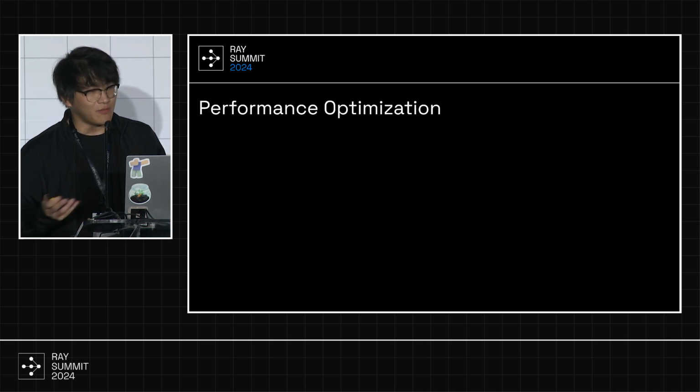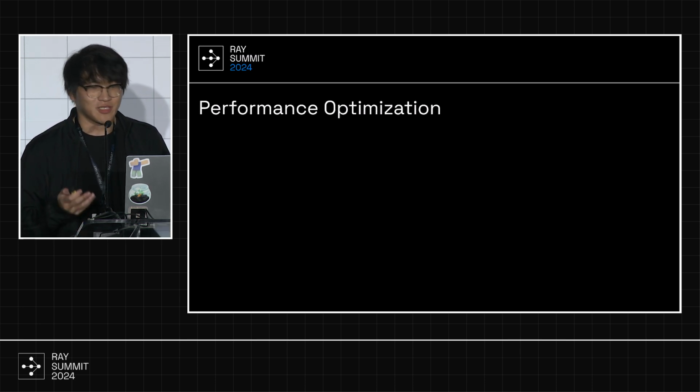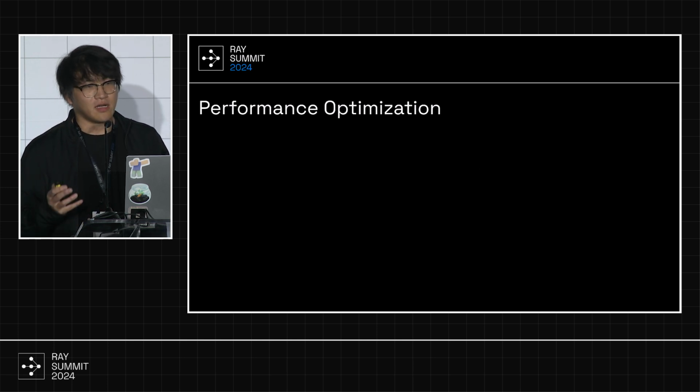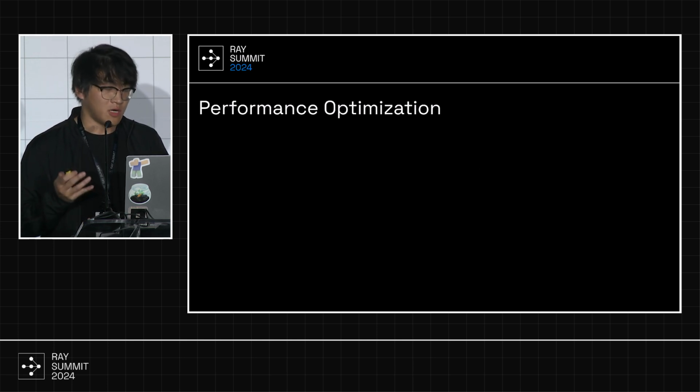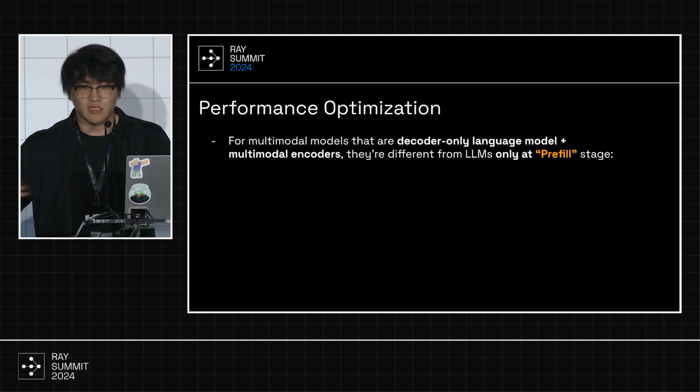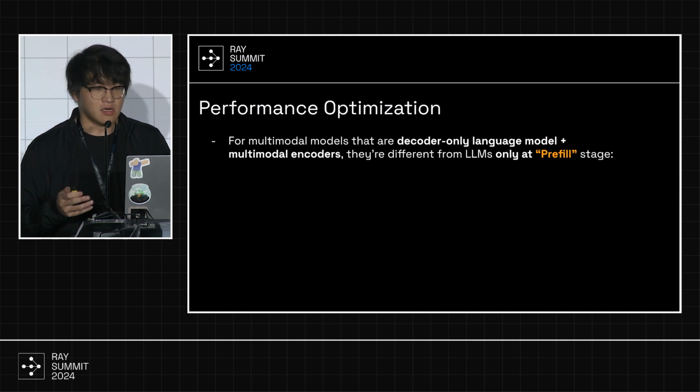Okay, it's a vLLM talk, so we always going to talk about performance optimizations. So we enabled large multimodal models on vLLM, and next I'll talk about how we optimize these models. To recall, these models leverage a decoder-only language model plus a multimodal encoder, meaning they only differ from traditional LLMs at the prefill stage.